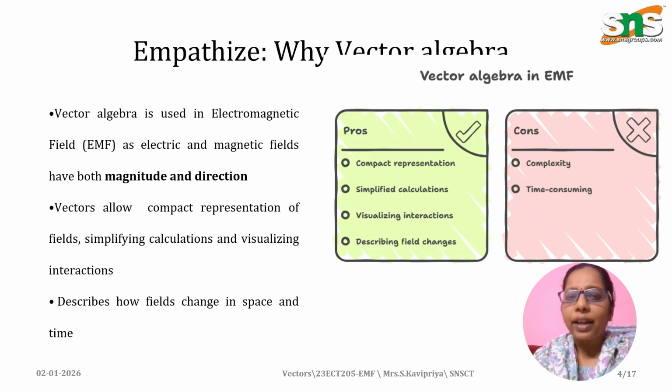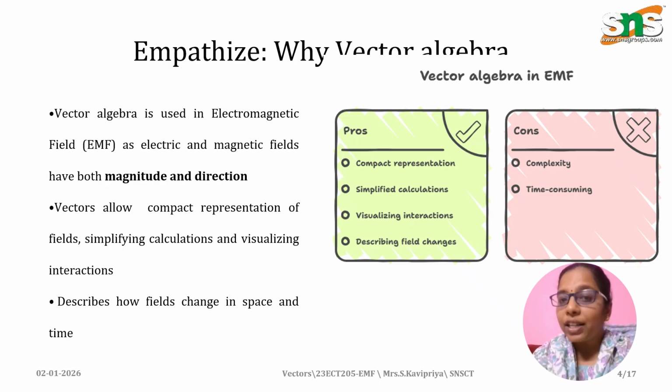So before starting with the clear definition of vector, let's discuss why vector algebra is used in the electromagnetic field. We all know that a vector is a physical quantity which has both magnitude and direction. The electric and magnetic field in an electromagnetic field have both magnitude and direction.